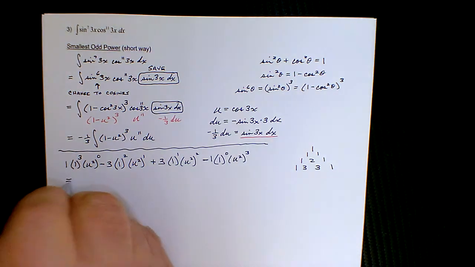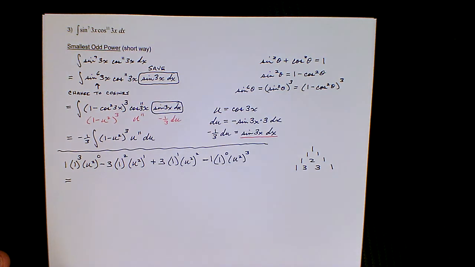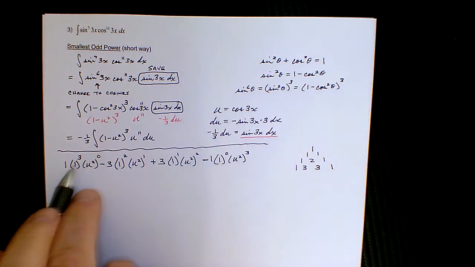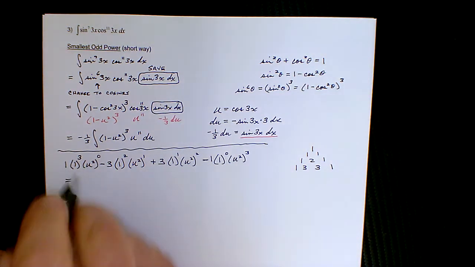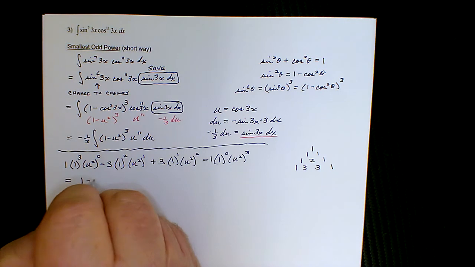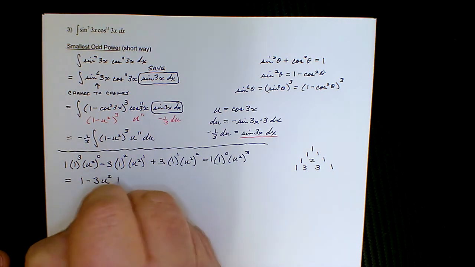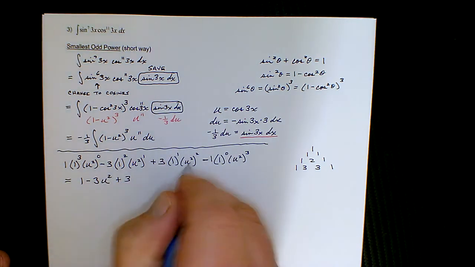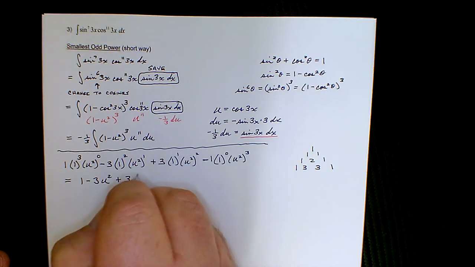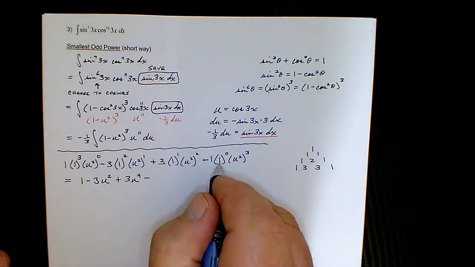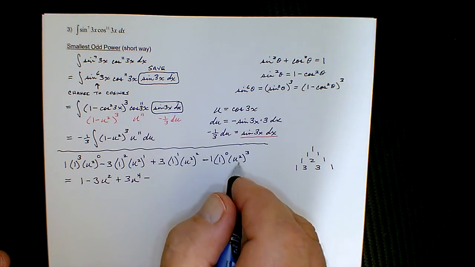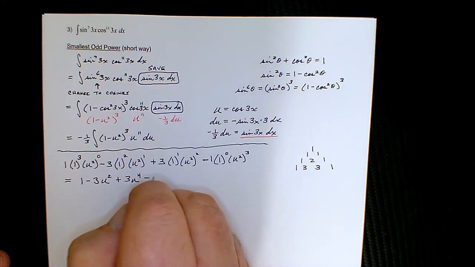And what comes out of this is really just the coefficients as well as the powers on u. u squared to the 0 is 1, so we have 1 minus coefficient 3, u squared to the first, u squared, plus 3, u squared squared, u to the 4th, and minus 1, or just simply minus u squared cubed, or u to the 6th.